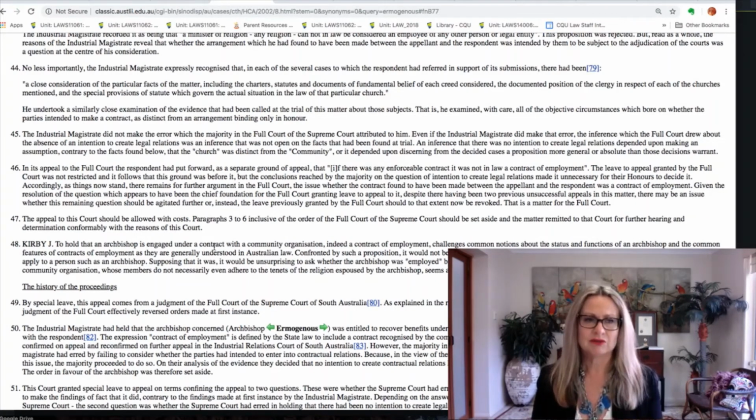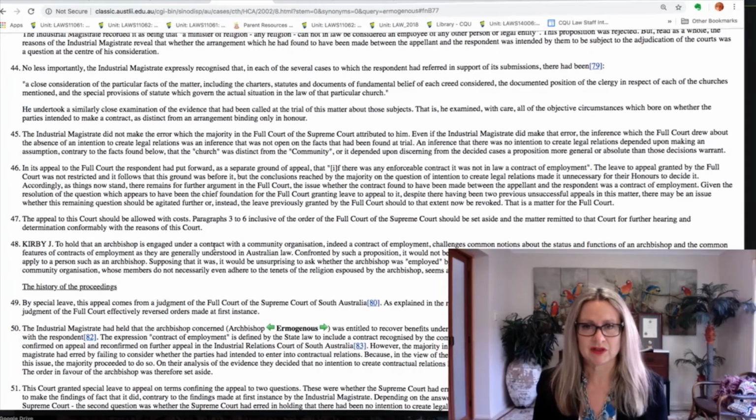And they say, well, this thing has already been through so many levels of appeal. Given that we have now just unpicked the very basis for which the full court of the South Australian Supreme Court granted leave to appeal, is it really worth going back and re-hearing this matter all over again at that level, or do we leave it as is? It's going to have to go back down to the full court of the SA Supreme Court for determination of that issue, but this is what we think is the case.